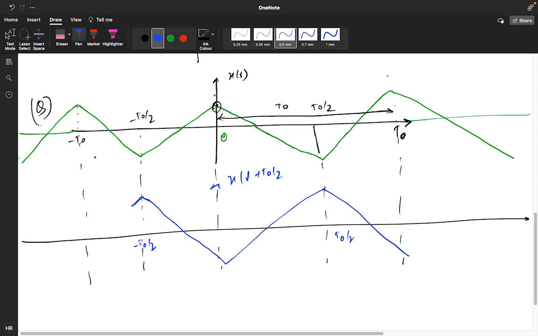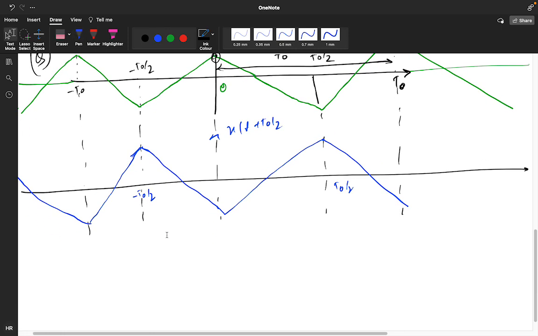And minus t naught will become how much? Minus 3 t naught by 2. Okay. And what about minus t naught by 2? This minus t naught by 2 will become how much? Minus t naught. So you are getting the curve like this. Okay, so this curve is done.